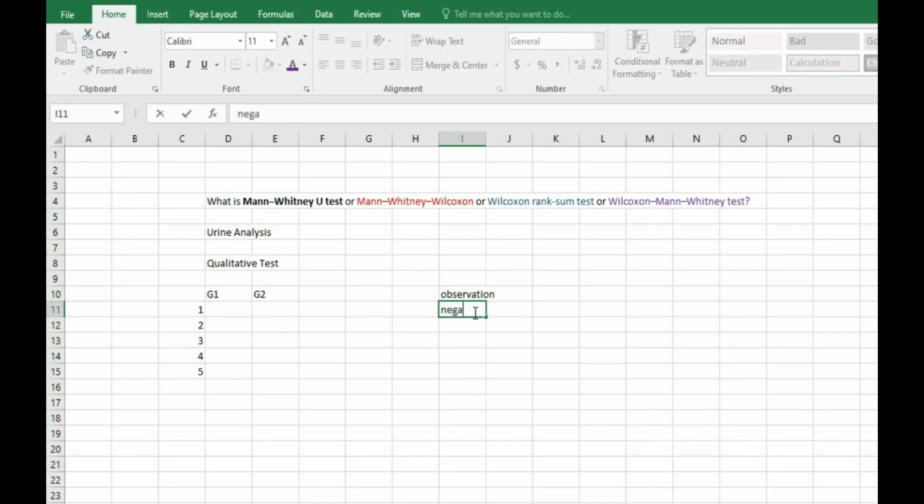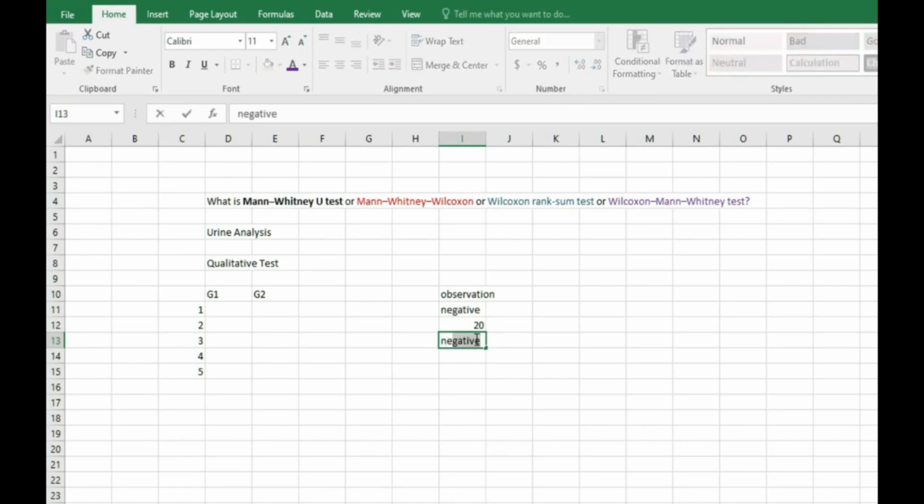We are taking some example readings. Group 1 animal number 1 has shown a negative result, and animal number 2 has shown 20 blood cells.